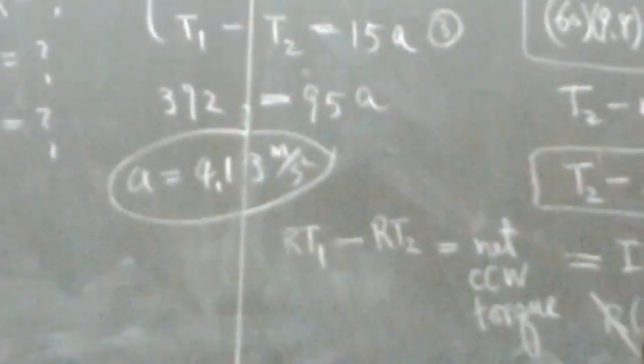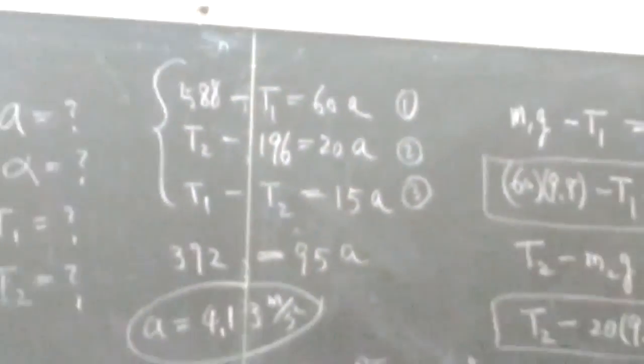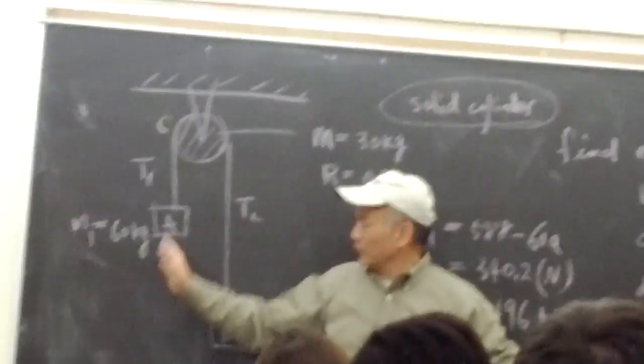The acceleration of 4.13 is constant acceleration, right? So this is a constant acceleration motion. And for that, if you're given the height, you can find the time it takes for A to drop to the floor, right? Are we okay?